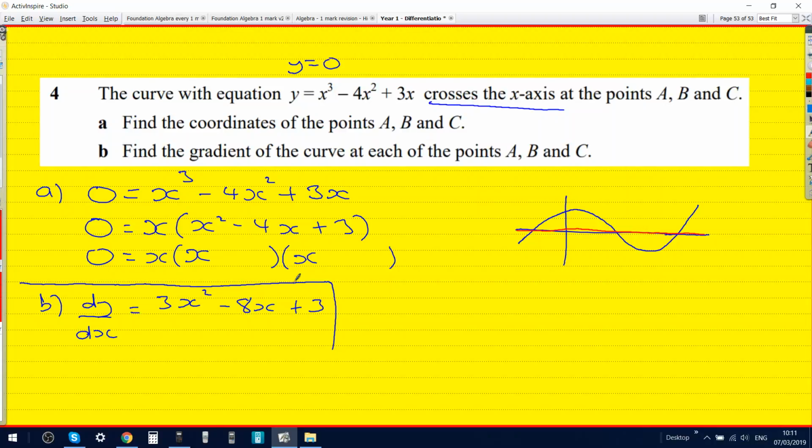So the two numbers that need to multiply together to make 3 and add to make minus 4?